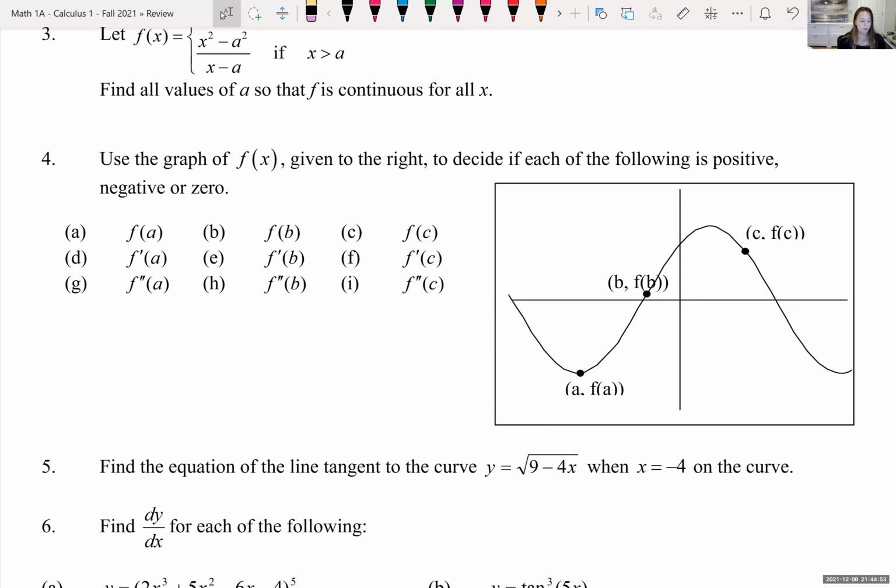Okay, so looking at the graph of the original function f of x, we want to determine if the following is positive, negative, or 0. If we're looking at f of a, well, you're looking at your graph. This is f of x, and I can see that f of a is falling below the x-axis. So I know that this number is going to be less than 0.